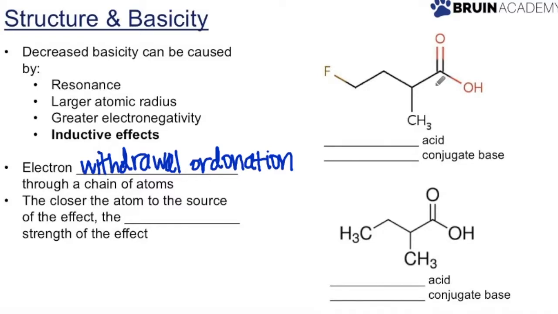Let's take a look at something like this, which has a fluorine attached to it. As we know, fluorine is the most electronegative atom, so we would see that compared to something like methyl here, which is attached, and is not as electronegative.